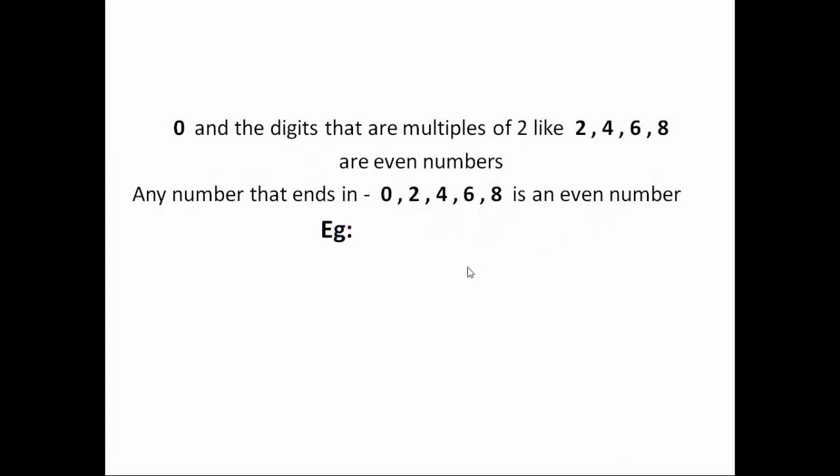So let's take for example 12, 974, 3796, then 20 lakh 28,938, then 8 Arab 36 crore 26 lakh 51,150. Now these are the numbers which we can say are even numbers and can easily be divided by 2. Why?